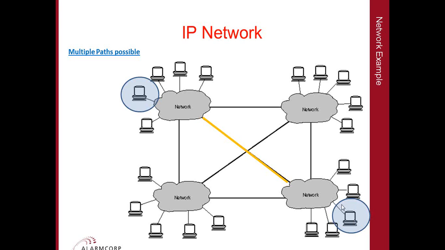Obviously, we can go straight down the middle path, which is the simplest path with only the two switches, one at the edge and one at the central location. But if this path gets blocked, we can go this way, which adds an extra hop, and finally we can go this way, which also adds an extra hop.